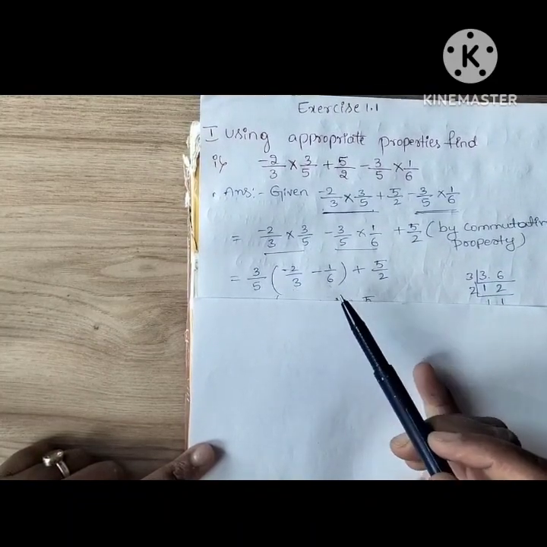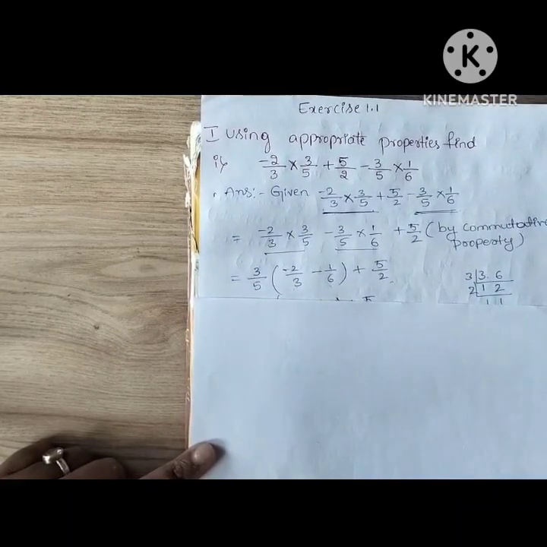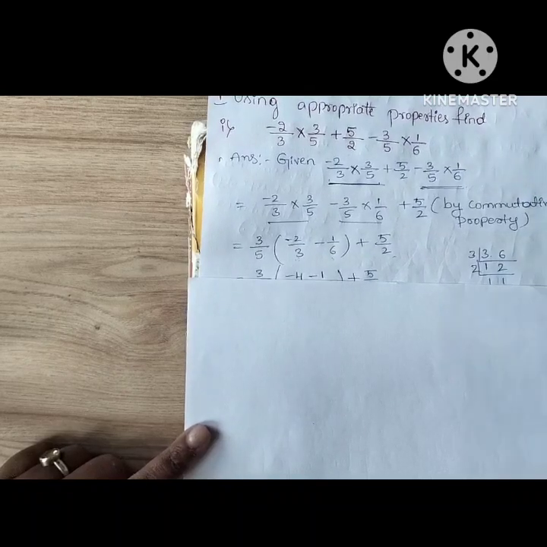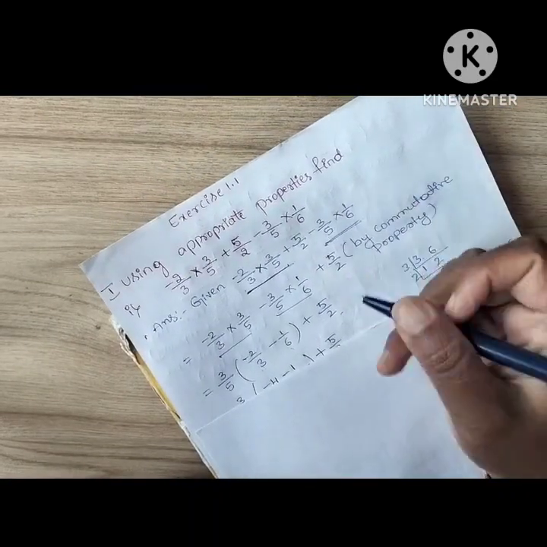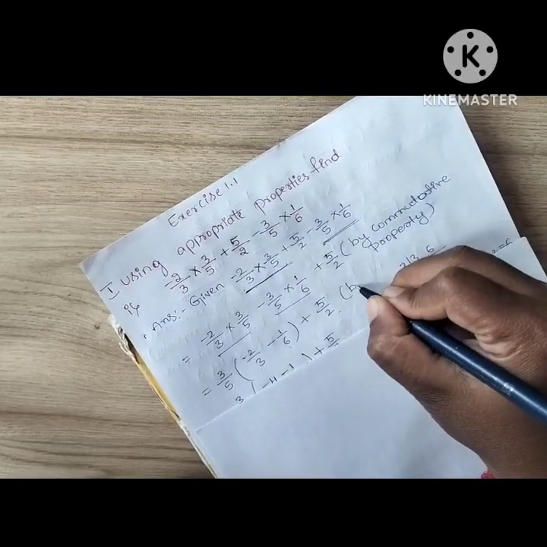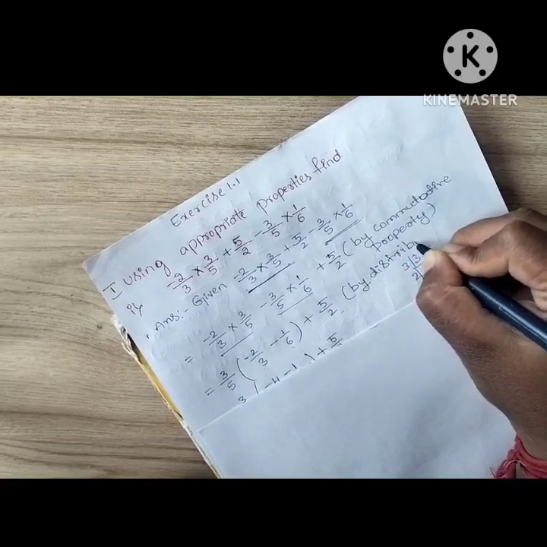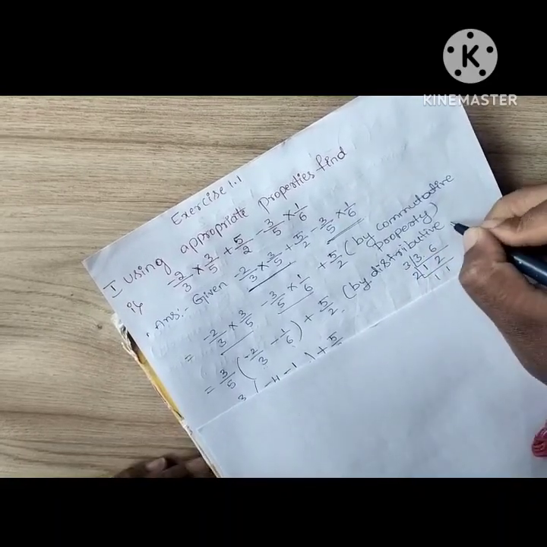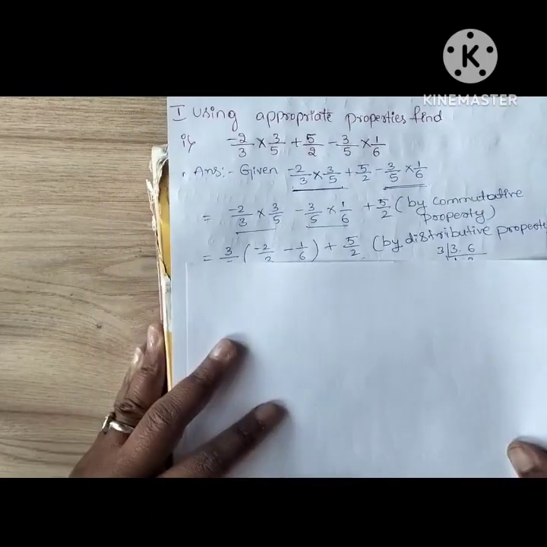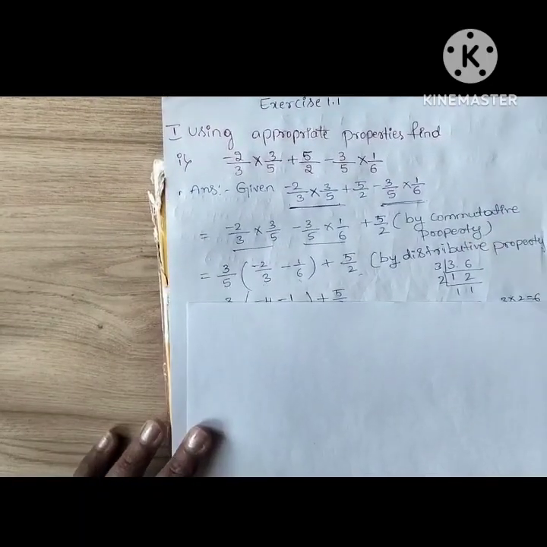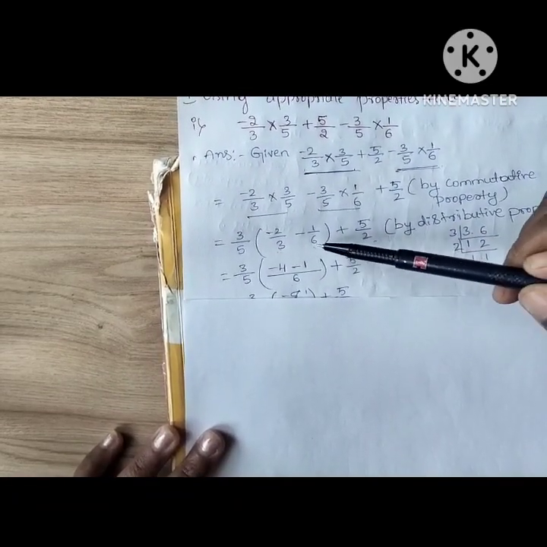Next, close the bracket. Again remaining 5 by 2 write as it is. Next, this is by using distributive property.